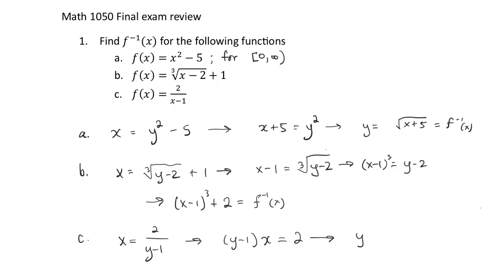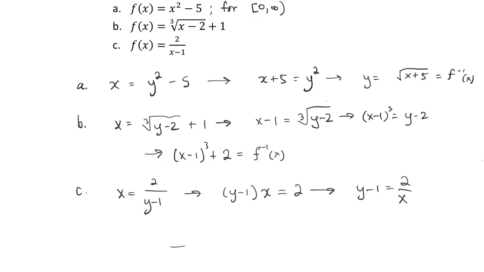We're going to have y minus 1 is equal to 2 divided by x. And finally, we can add the 1 to both sides and get y is equal to 2 divided by x plus 1. And this is equal to the inverse function of f.